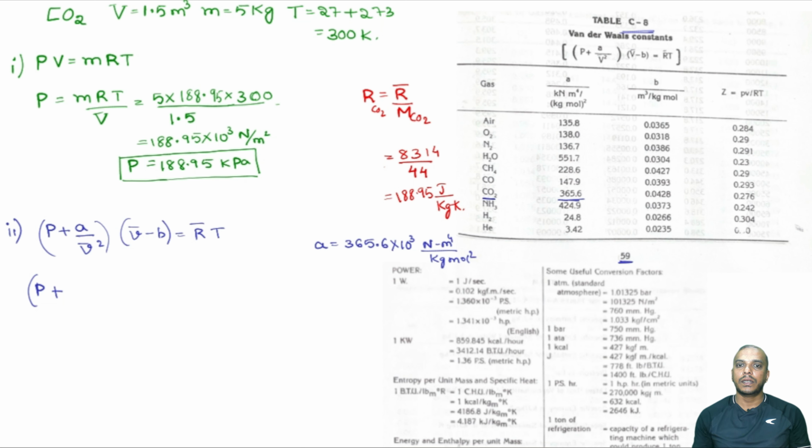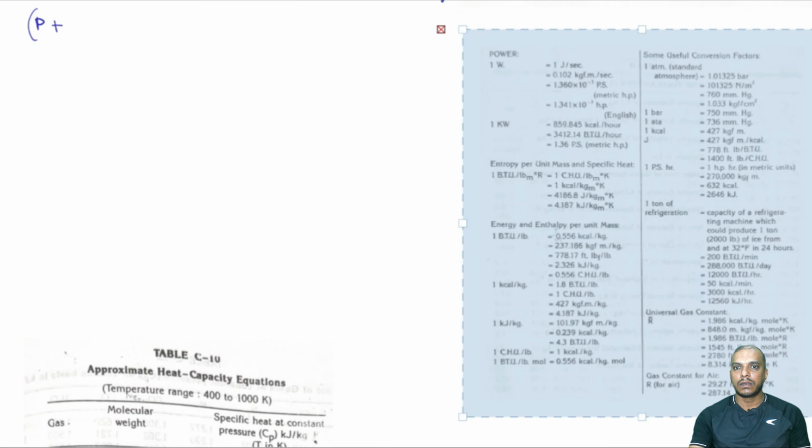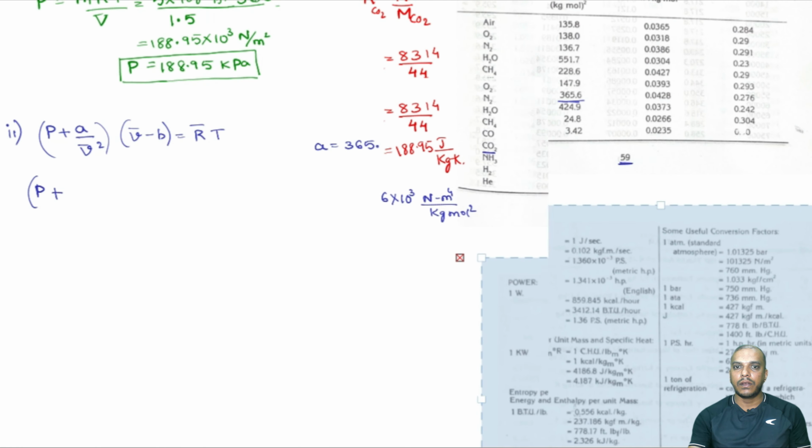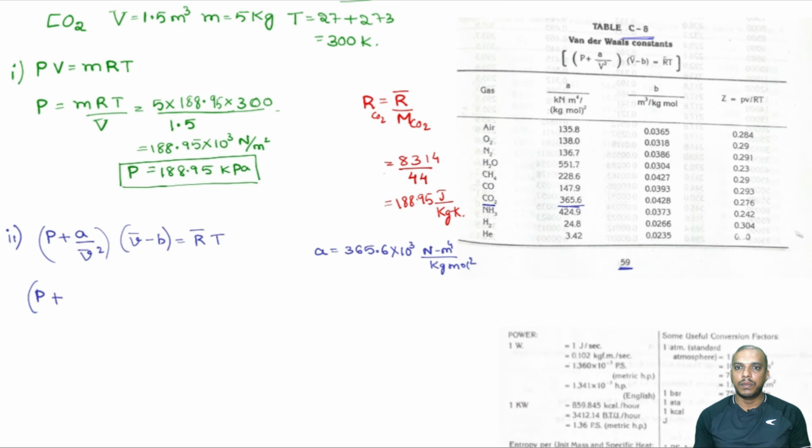And the value of b is 0.0428 meter cube per kg mole. The unit is at the top. You can see here.